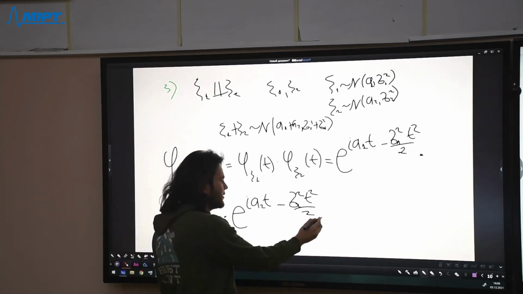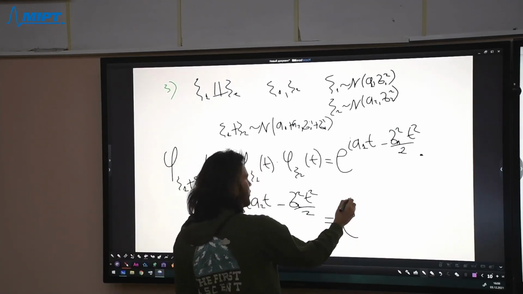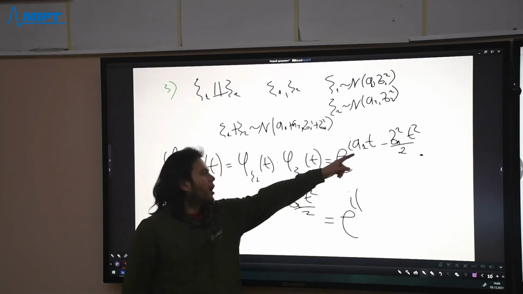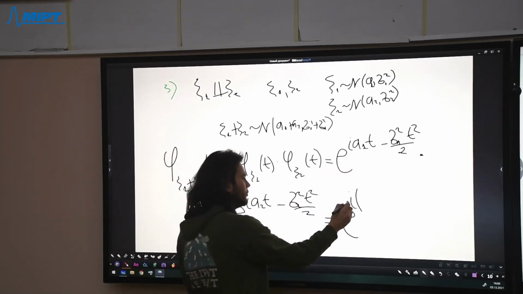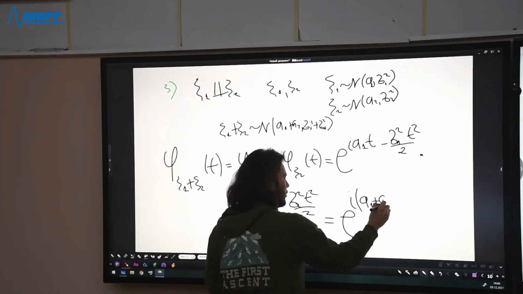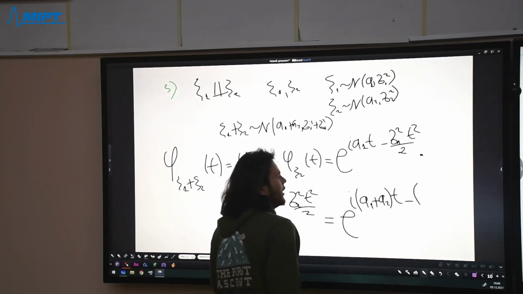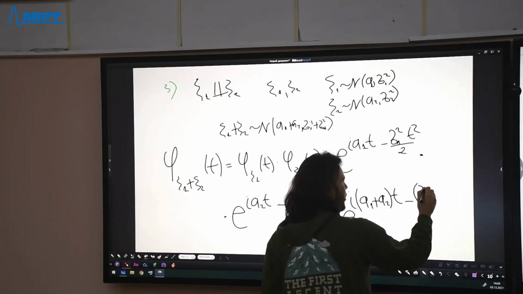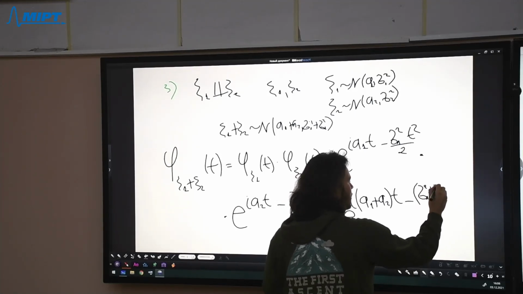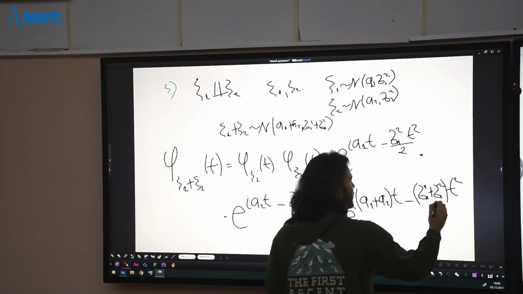And we can easily see that this is equal to e to the i times a1 plus a2 times t, minus sigma 1 squared plus sigma 2 squared times t squared over 2.